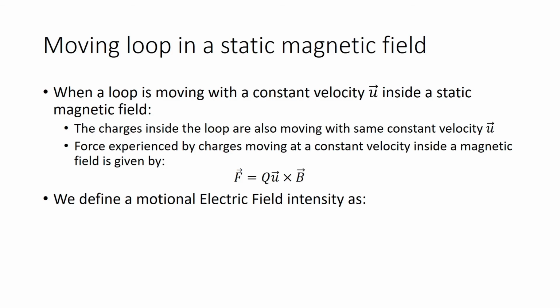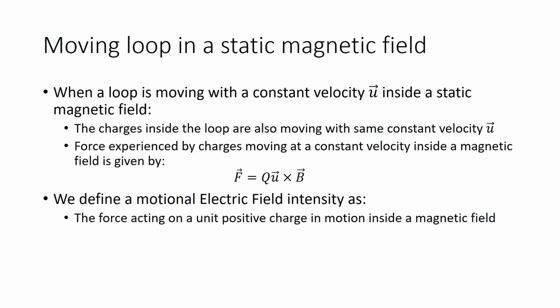If I define a motional electric field intensity as the force acting on a unit positive charge moving with a constant velocity of u bar, then E_m bar is defined to be equal to F bar by Q. Therefore, E_m bar is equal to u bar cross B bar, and if I take the curl of E_m bar, that would be equal to curl of u bar cross B bar.